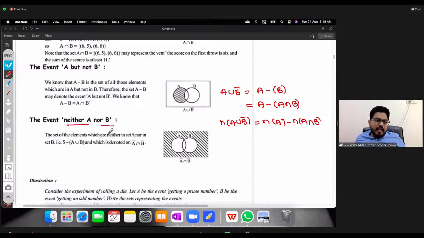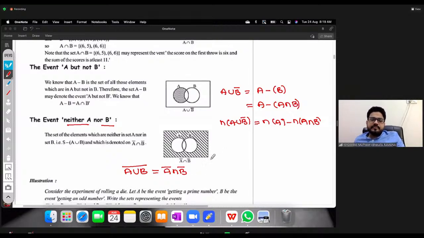Neither A nor B. Neither A nor B is A union B whole complement, which is equal to A complement intersection B complement. So neither A is possible nor B is possible.